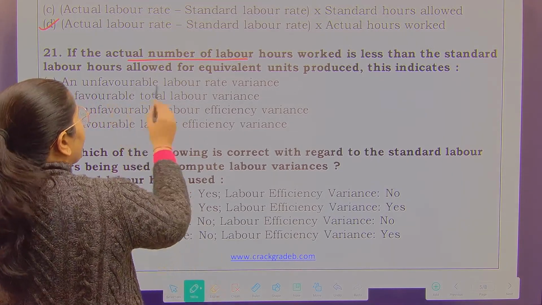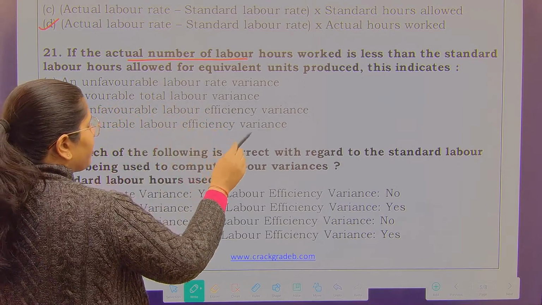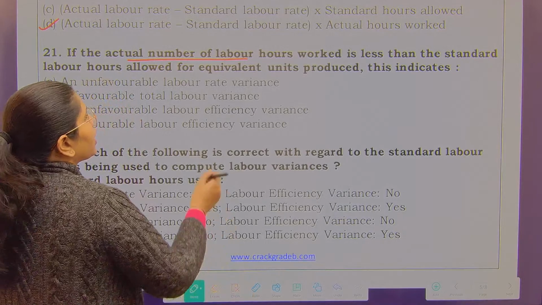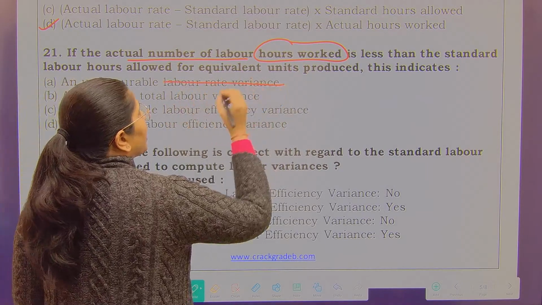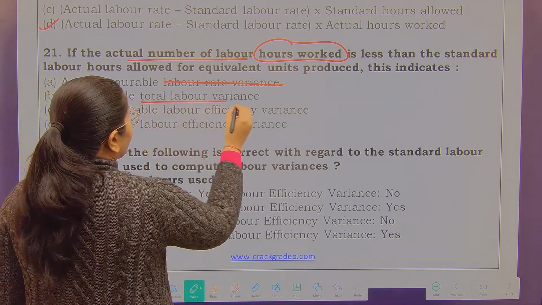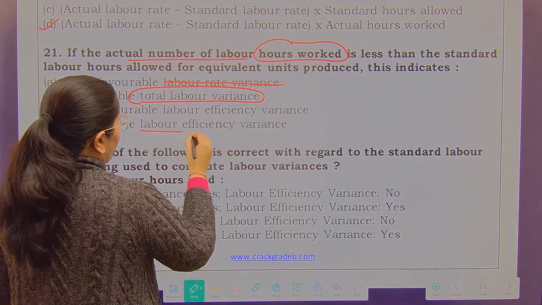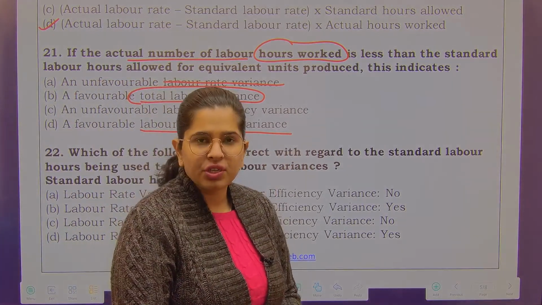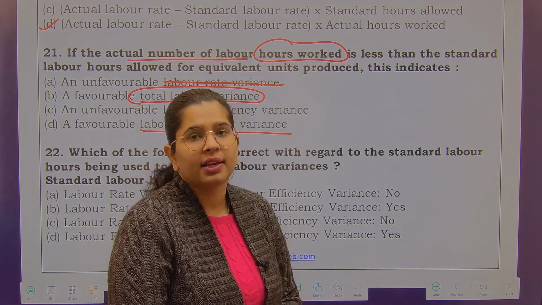This indicates unfavorable labor rate variance, favorable total labor variance, unfavorable labor efficiency variance, or a favorable labor efficiency variance. See, here we are talking about the hours worked. We are nowhere talking about the price. So this option is not one for me. Total labor variance is given in order to confuse you. You have got a direct variance called labor efficiency variance.